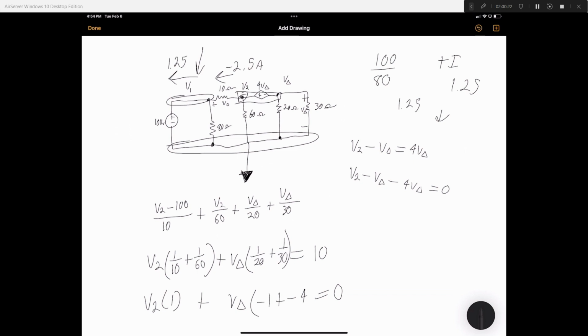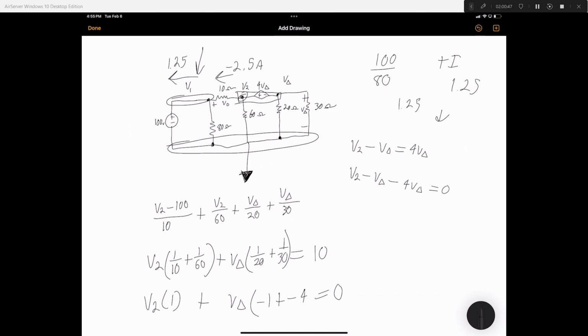So 1.25 times 100 gives us 125. Wrong. I wonder what's wrong with my math.